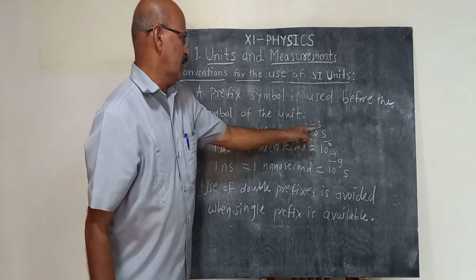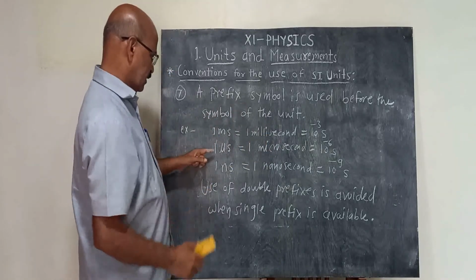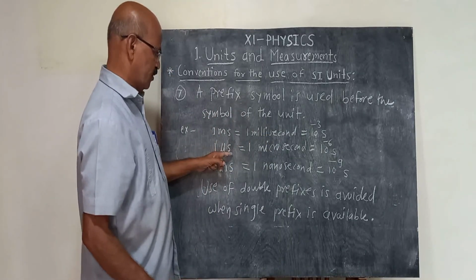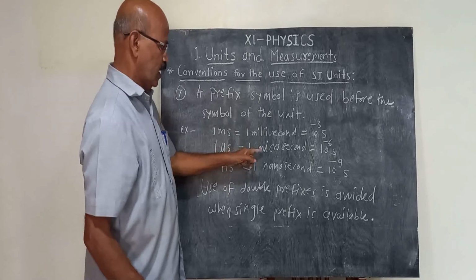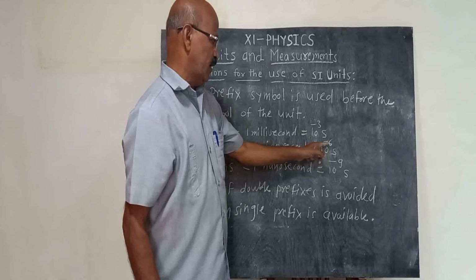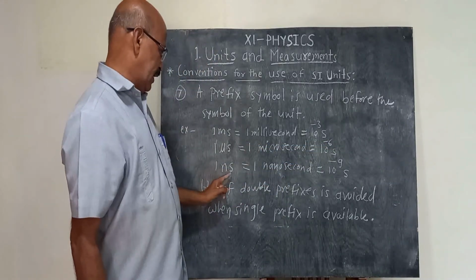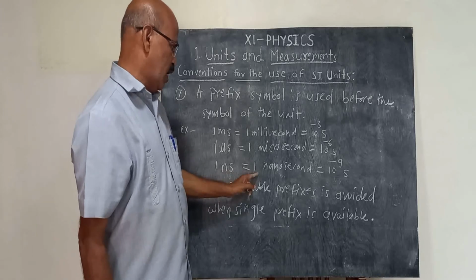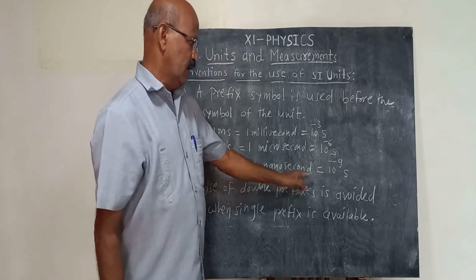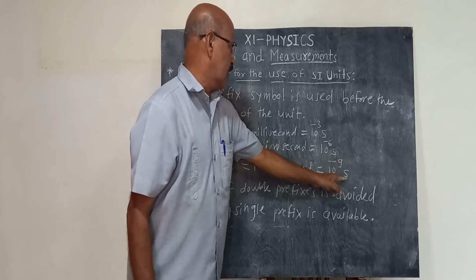So 10 raised to minus 3 is the prefix. Another one: 1 microsecond is equal to 10 raised to minus 6 second. 1 ns means 1 nanosecond, equal to 10 raised to minus 9 second.